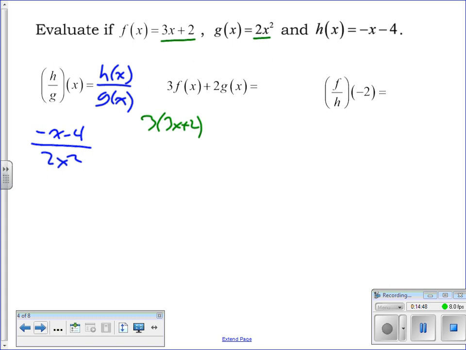G of x is 2x squared. So 2g of x is 2 times 2x squared. Distribute, combine up like terms if there are any. You get 9x plus 6 plus 4x squared. That's it.